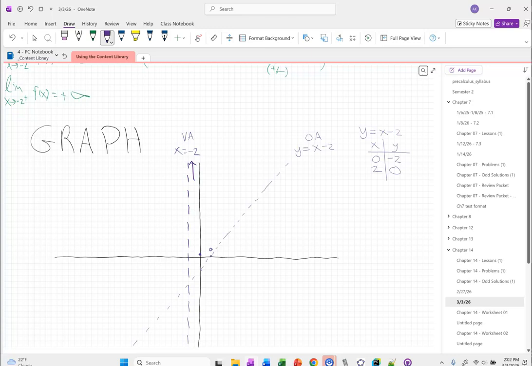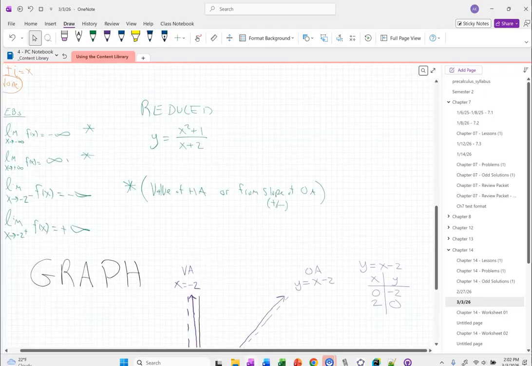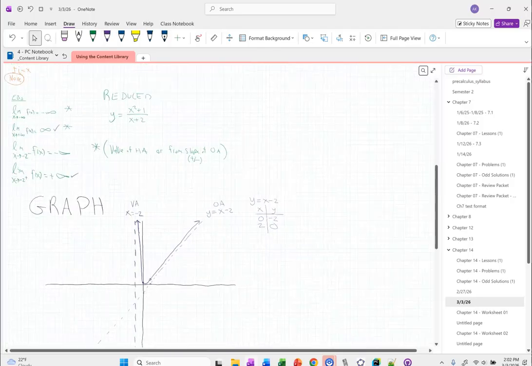Now that graph needs to connect to these other points, and then needs to follow the other asymptote. And notice as x goes to positive infinity, y is going to positive infinity, so we have accomplished those two.